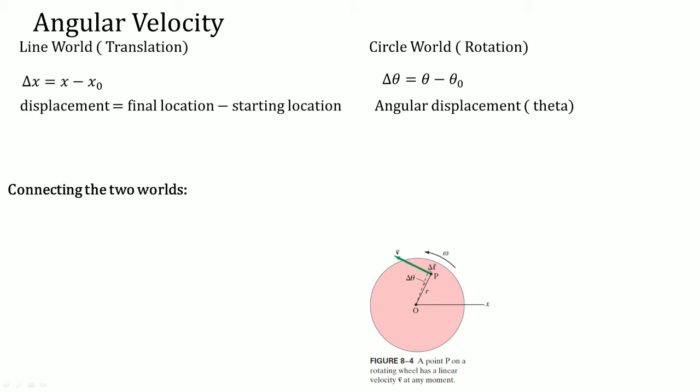If you take a look at this circle, you can say that right here would be its theta naught, and then it's going to go up this arc and reach a theta final. The displacement on this arc would be delta theta. That is how much it traveled along that arc.